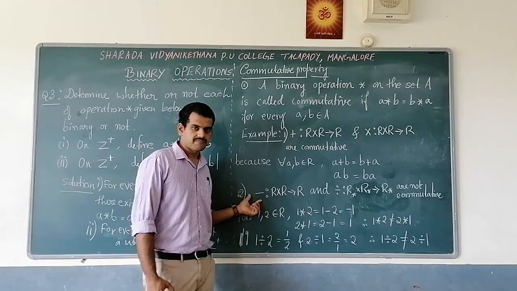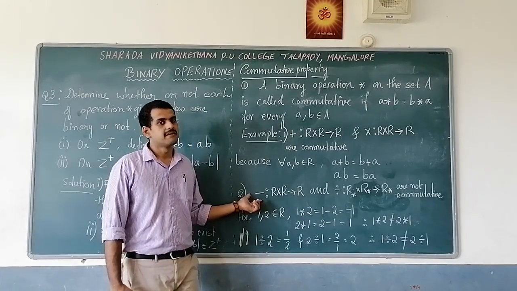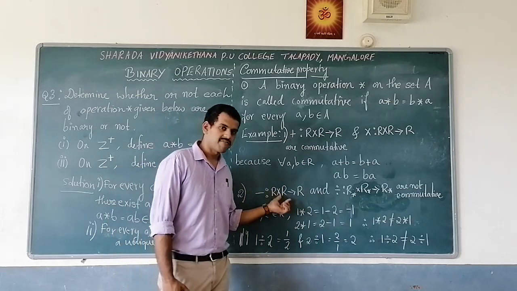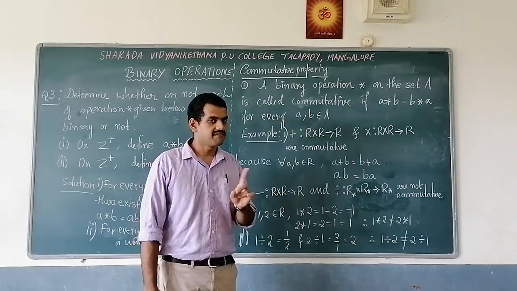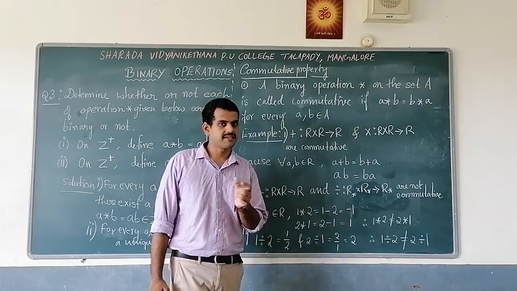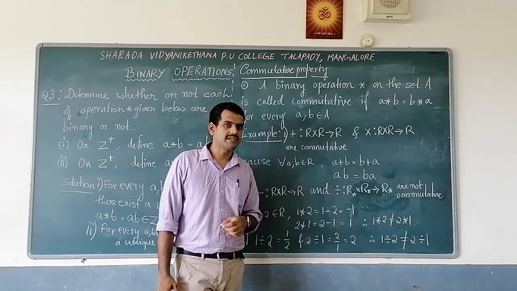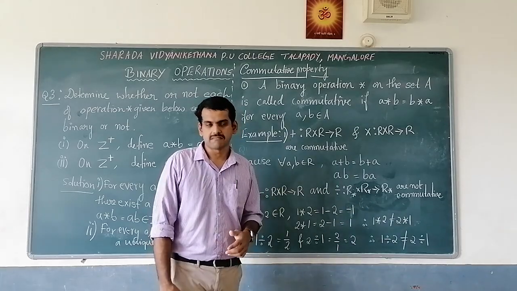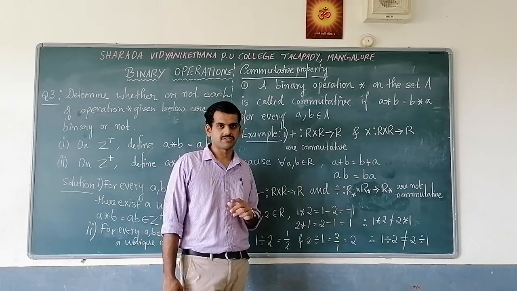Now, coming to subtraction. Definitely, subtraction is also a binary operation on the set of all real numbers. And we have also seen that division is not a binary operation, because if I take 0, division fails when 0 comes in the denominator, which is not a real number. That is the only reason why division is not a binary operation.